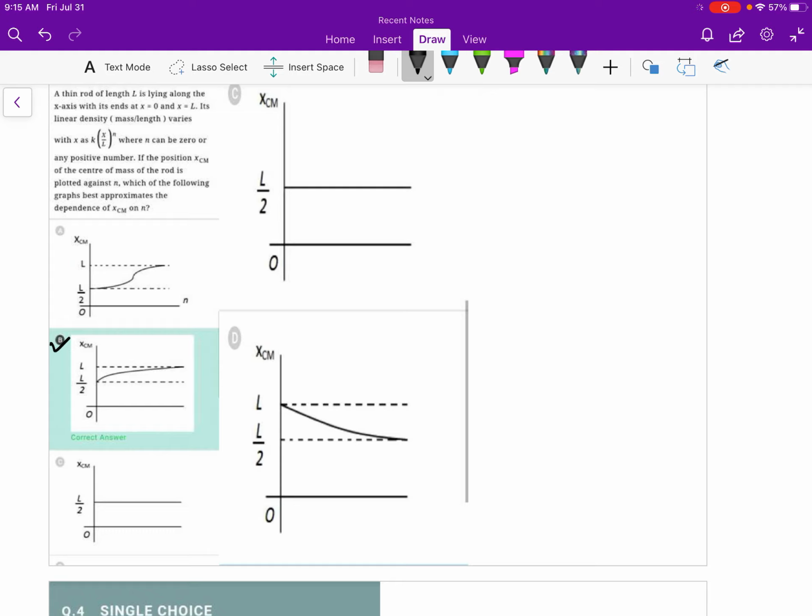And if you want to derive it systematically, then xcm is integral x dm upon total mass.